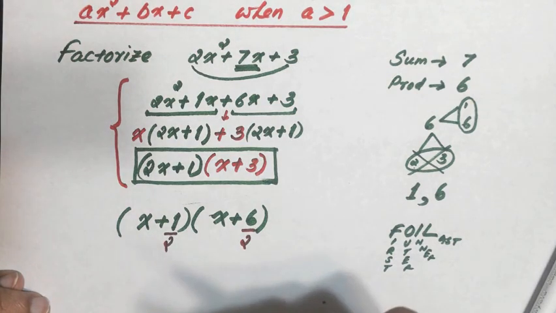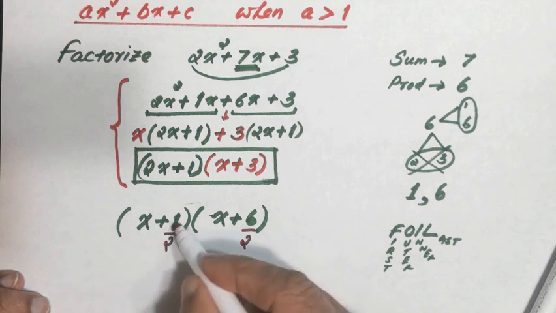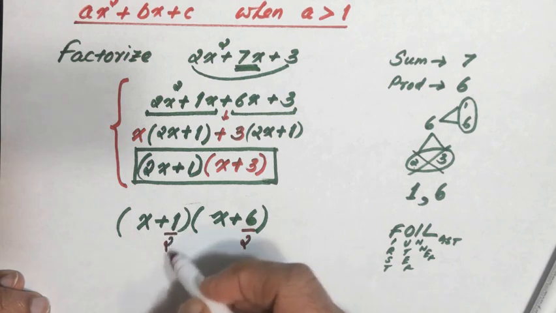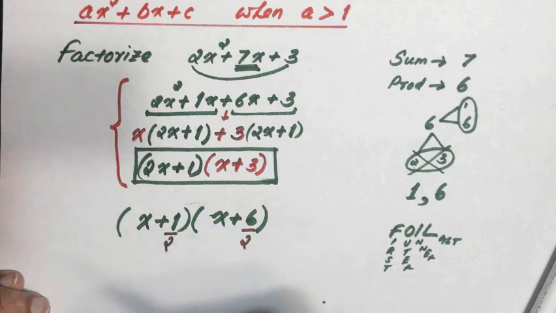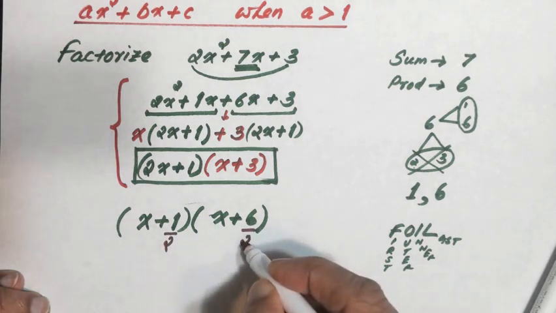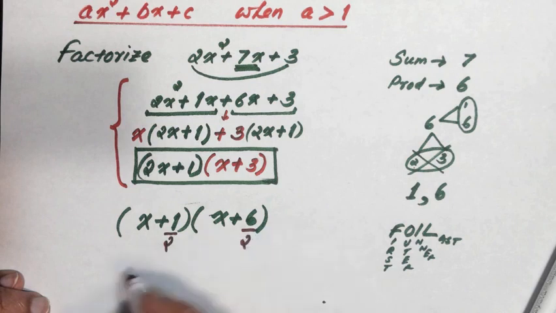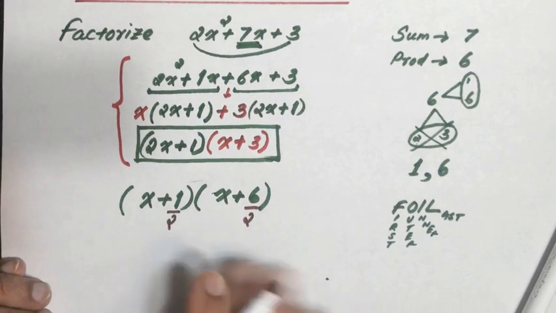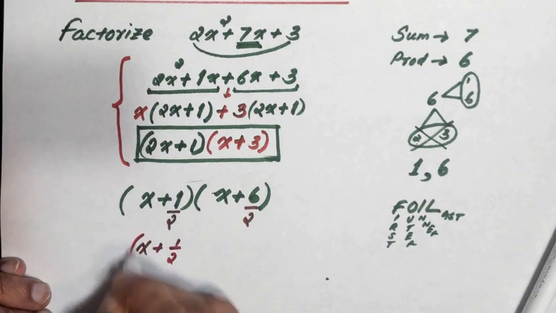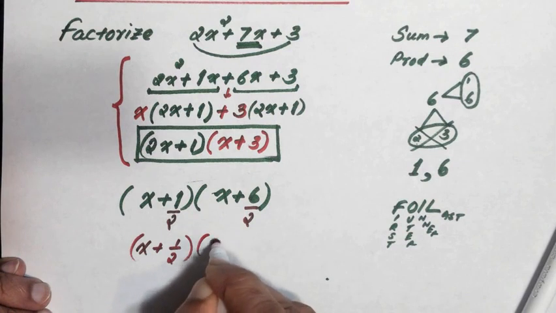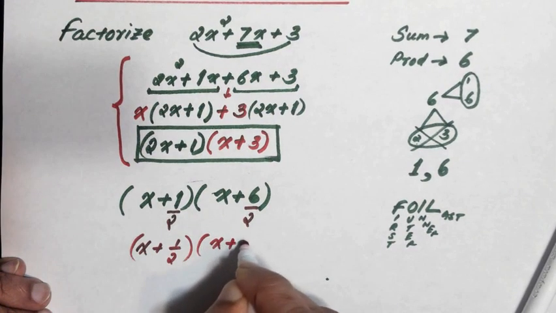Before you proceed, you need to make sure whether each fraction is reduced. If a fraction is not reduced, please reduce it before you proceed further. So 1/2 is already reduced, but 6/2 is definitely not reduced, so I'm going to rewrite this one more time: x plus 1/2 multiplied by x plus 3. See, 2 goes in 6 three times.